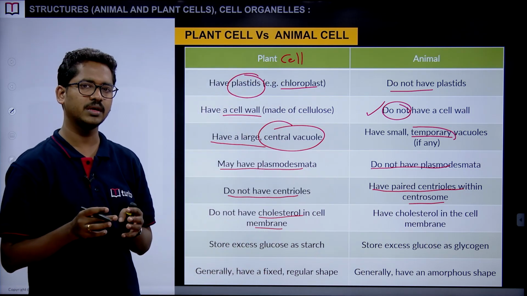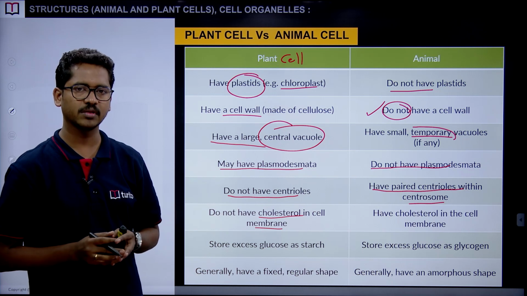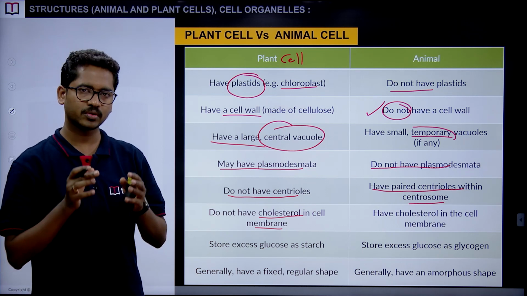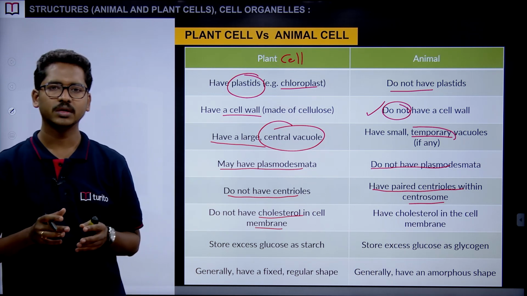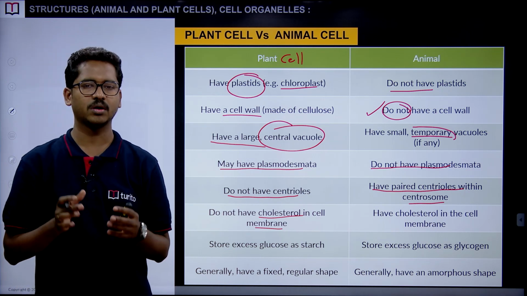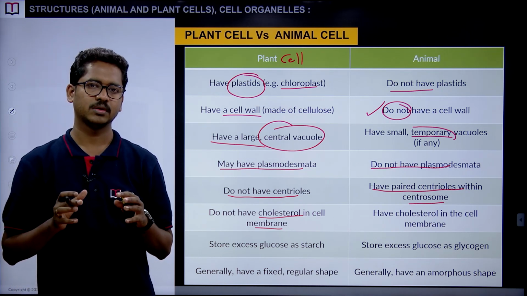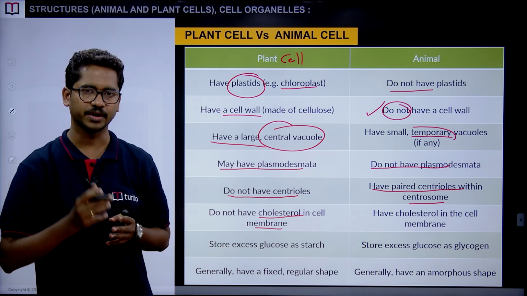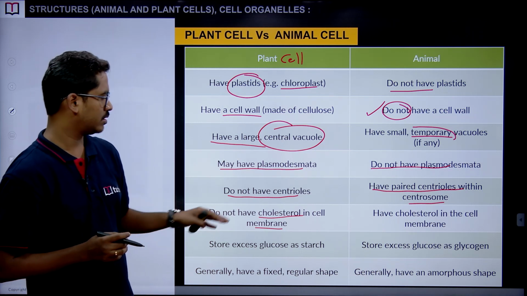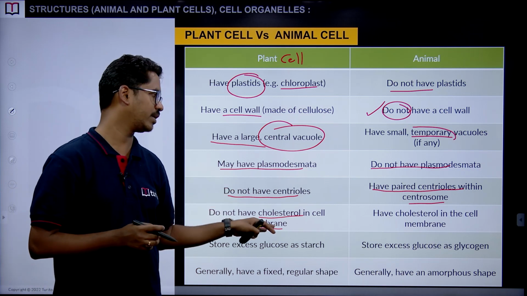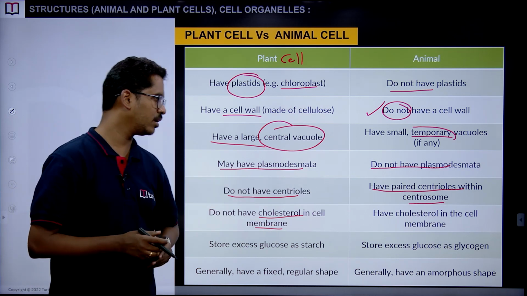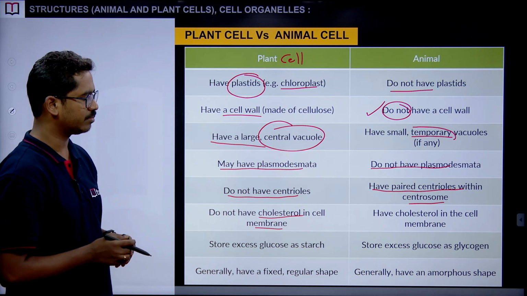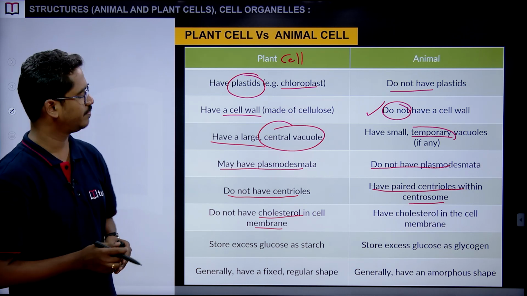So, you find the cell membrane of animal cells having cholesterol. Now, cholesterol and lipids are components of the oil we consume, that greasy liquid, which is of different types. So, here you will not find cholesterol, and there you will find cholesterol in the cell membrane of animal cells.